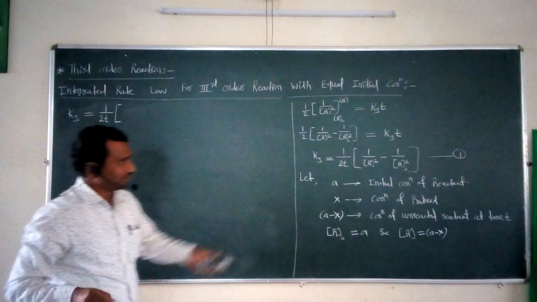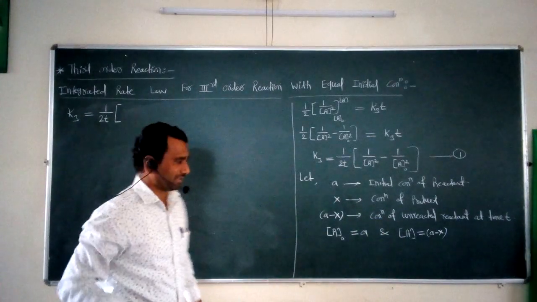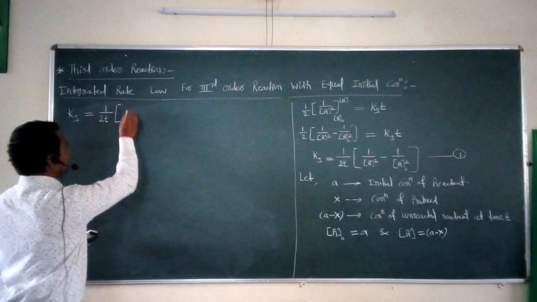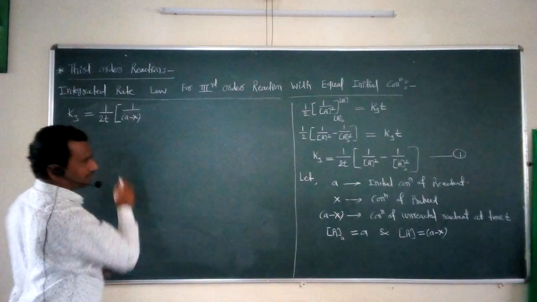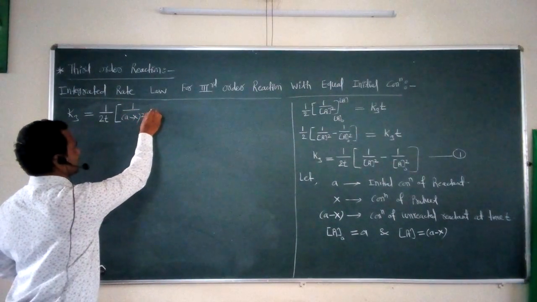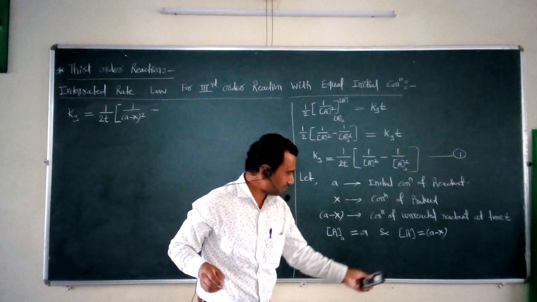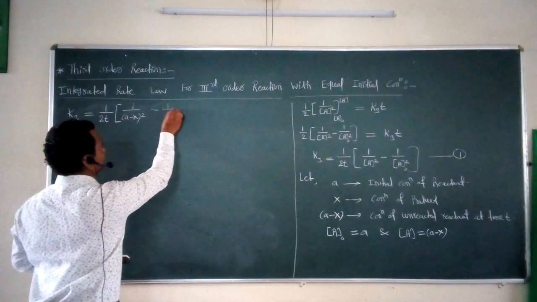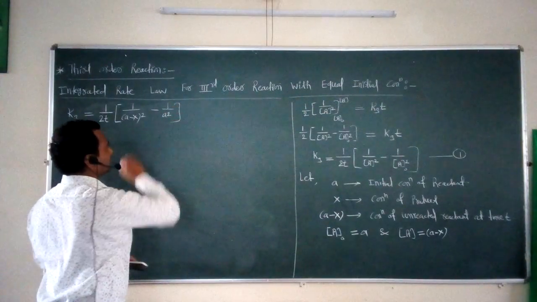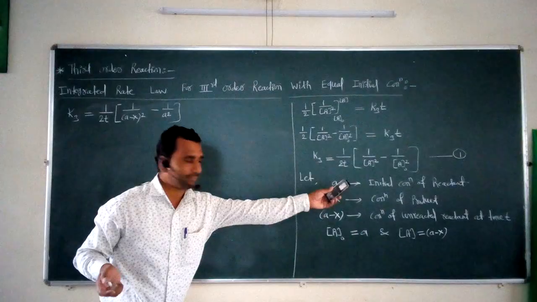Now instead of 1 upon A, we write 1 upon a minus x, squared, minus 1 upon A0. Instead of A0 we take a, so it becomes 1 upon a square. This is the next form of the equation by substituting these values in equation number first.